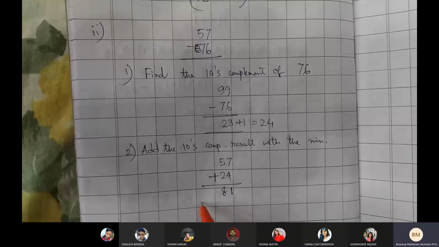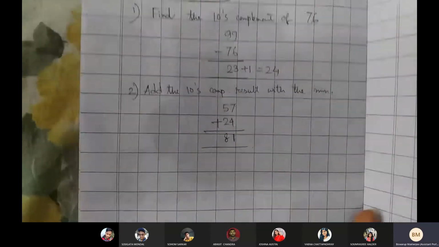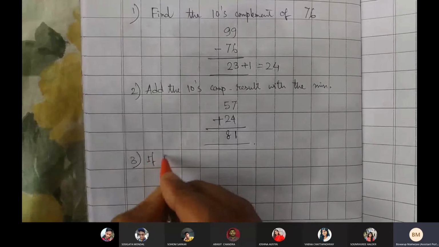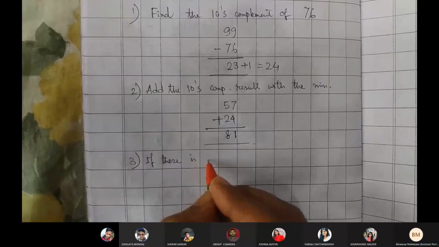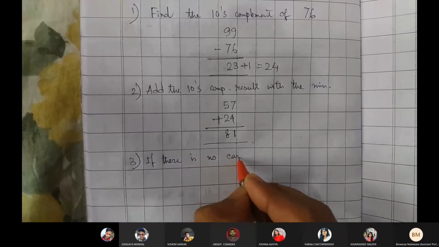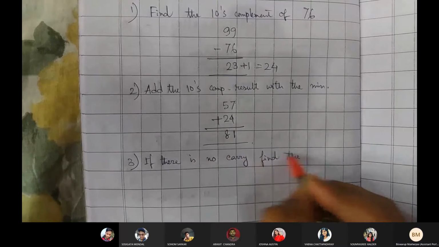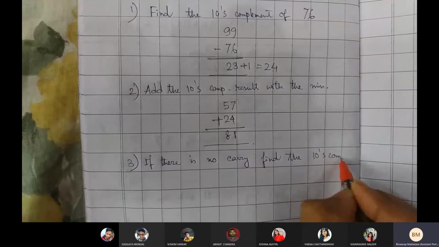Now, there is no carry. The process is, if there is no carry, find the tens complement of the result.